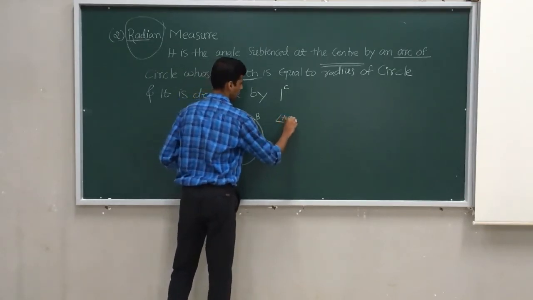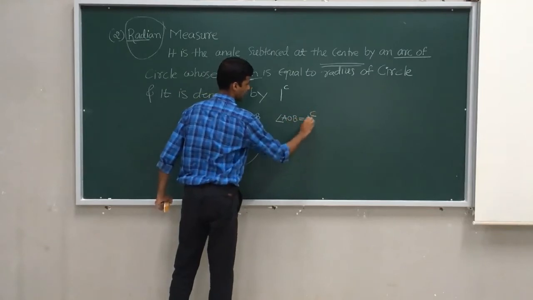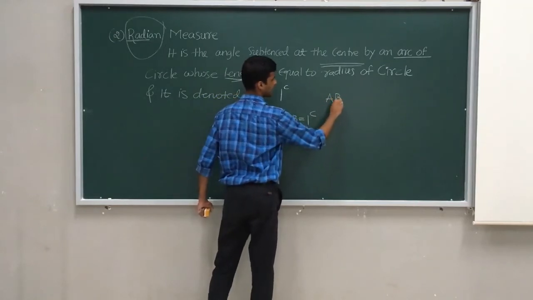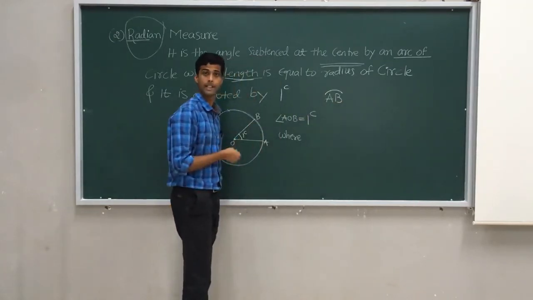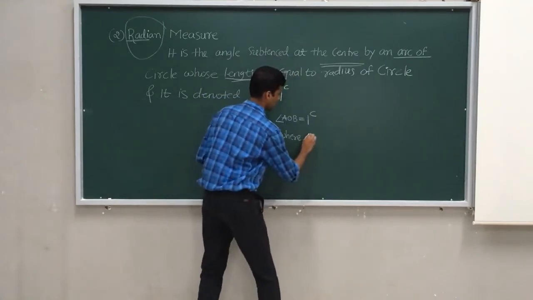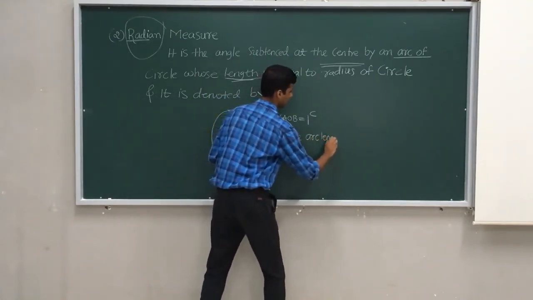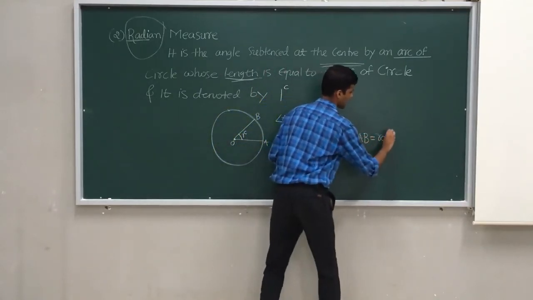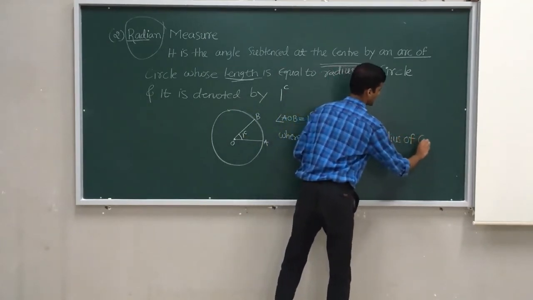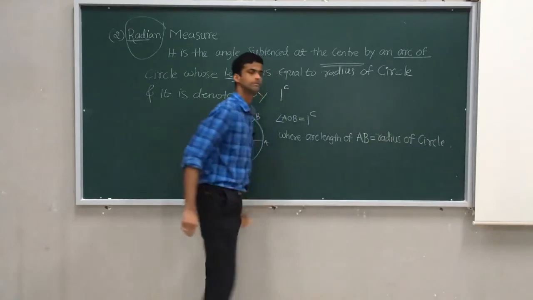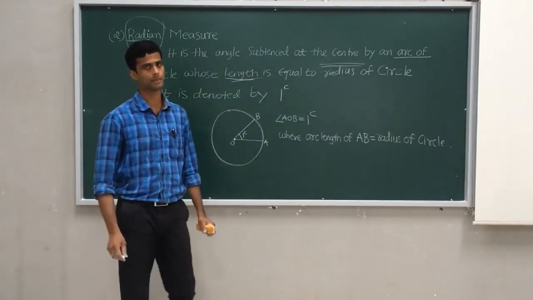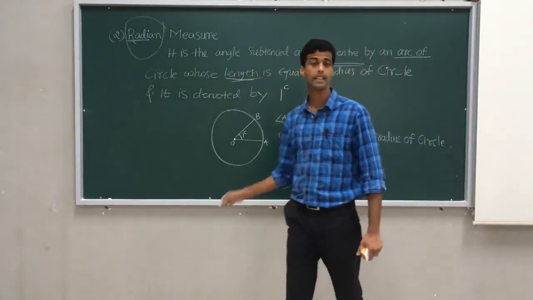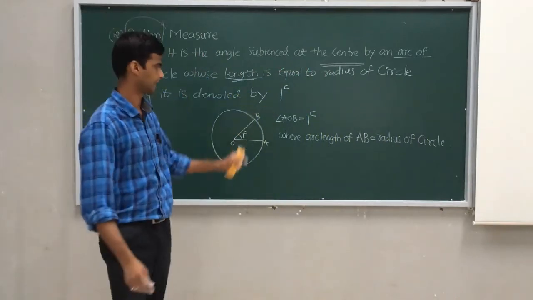Angle AOB is 1 radian, where, as we all know, this is the arc notation, arc AB, where the arc length of AB is equal to the radius of the circle. This is one of the very interesting concepts in trigonometry, where one is degree measure and another is radian measure. So just note this.